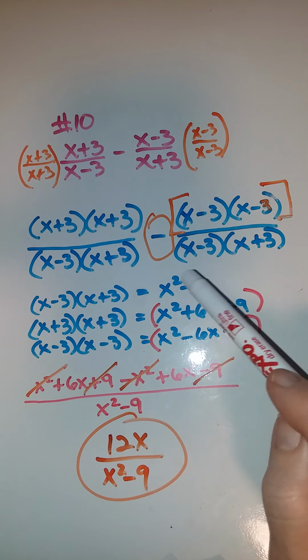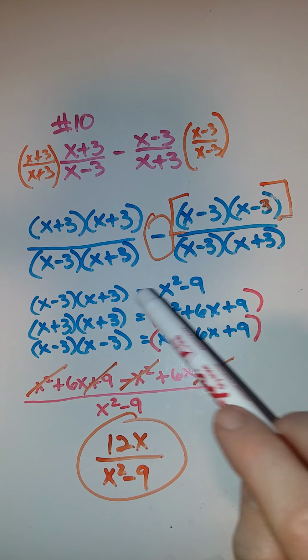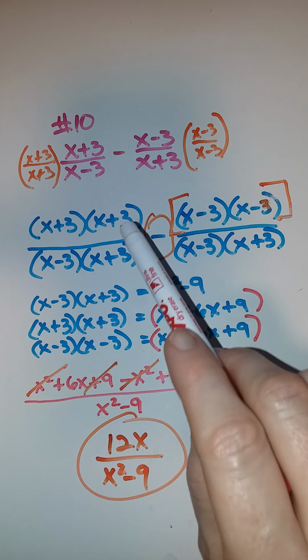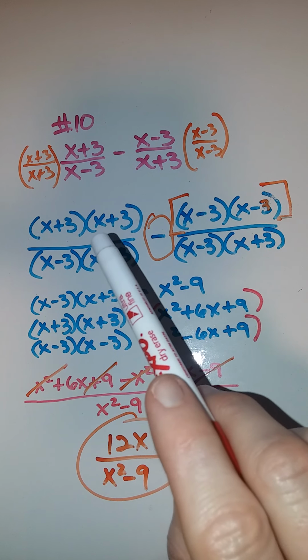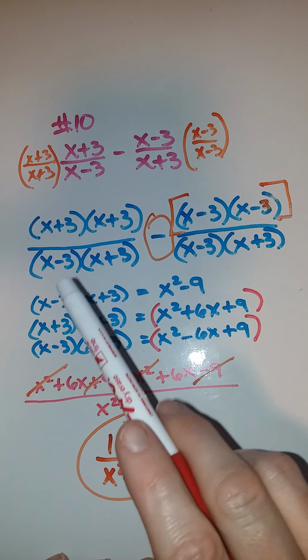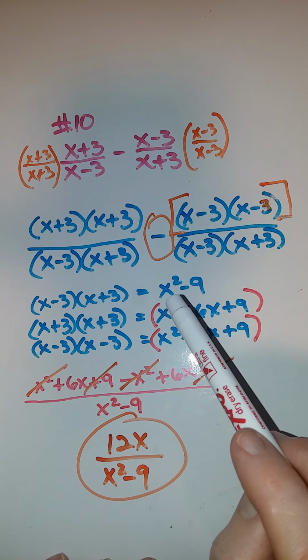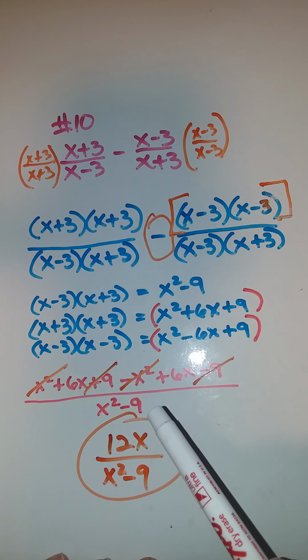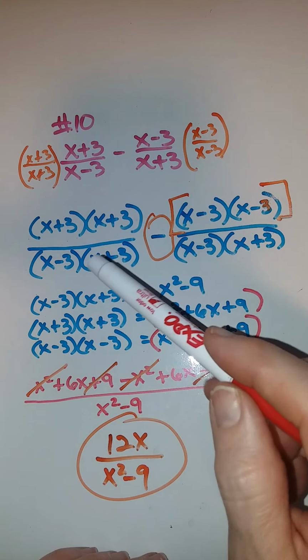So I've just done some of the math here, foiling out each of these sets of binomials. So we understand that the denominator is going to end up being a difference of squares here. Actually, let's just do the intermediate location here.